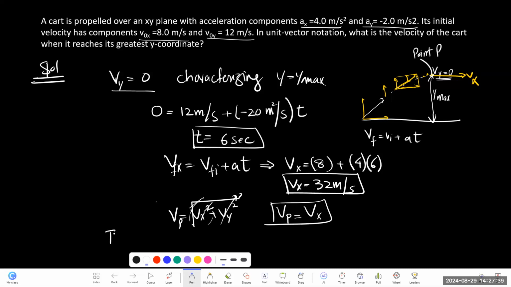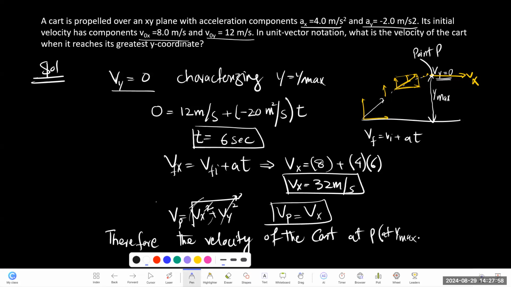Therefore, the velocity of the car at B, or at the y max position, equals 32 meter per second. In which direction? It should be i, because it's going this way.